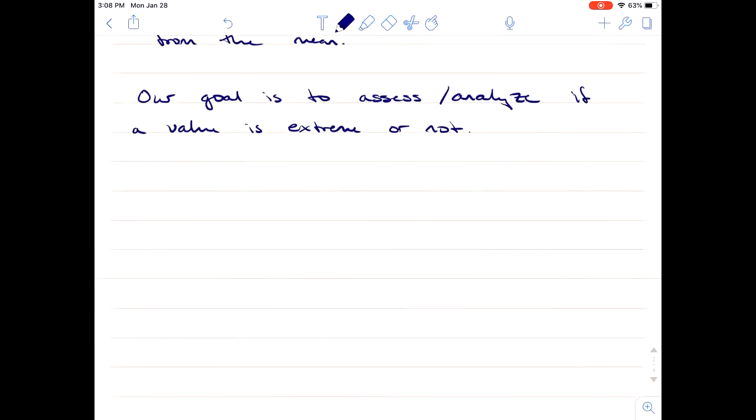As a general rule, as was foreshadowed, anything that's more than 2 standard deviations away from the mean on either side will be considered extreme. And just like we have the 68, 95, 99.7 rule for approximations of areas under the curve, and then we'll use the Z table to get more refined areas under the curve, same idea. We're going to use 2 standard deviations away as a guideline, but then we'll develop more refined tools for deciding if something's extreme or not.